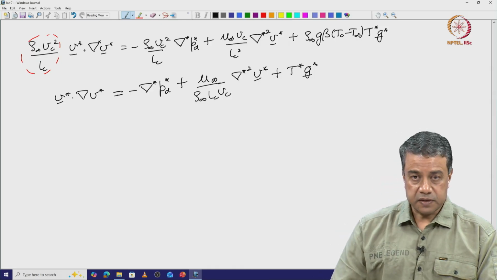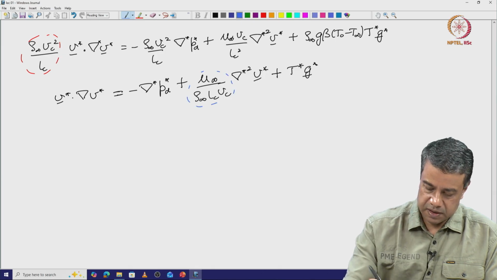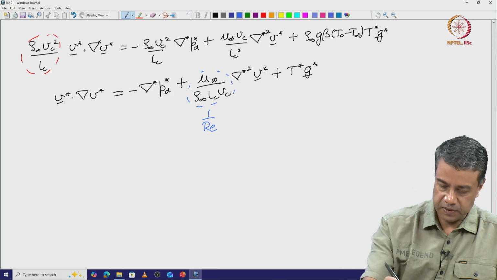So, that is the momentum conservation equation, and as you can see, this is basically a 1 over Reynolds number based upon the characteristic velocity.